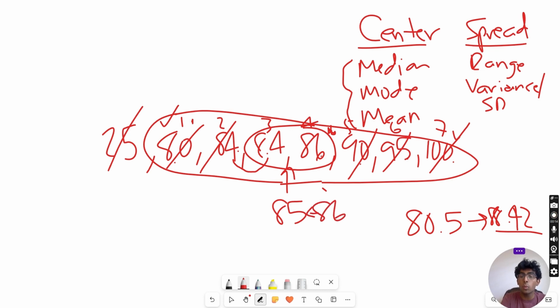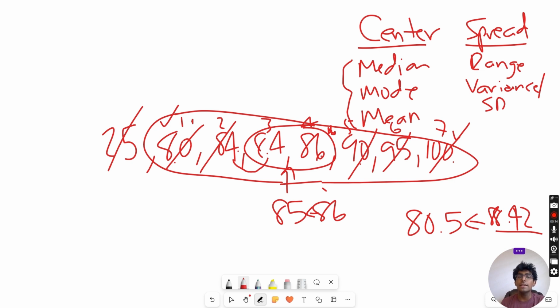So it only changed by 1 compared to our mean changing by 8. So whenever you see a data set where you have an outlier, you want to use the median as your measure of center because it's more resistant to outliers. Basically, it doesn't change as much and it's still reflective of the data set.